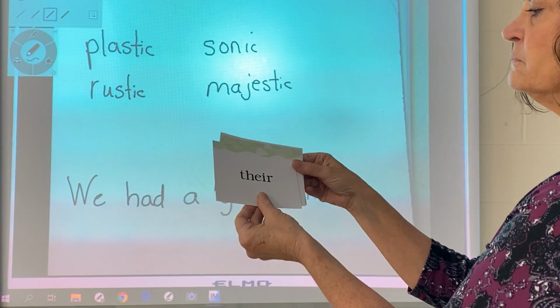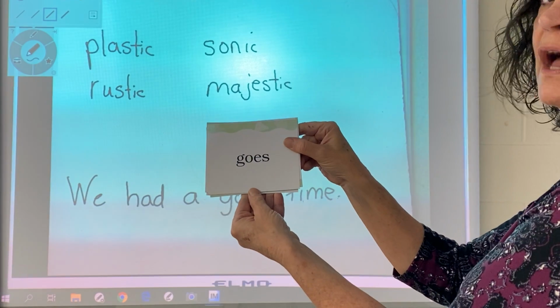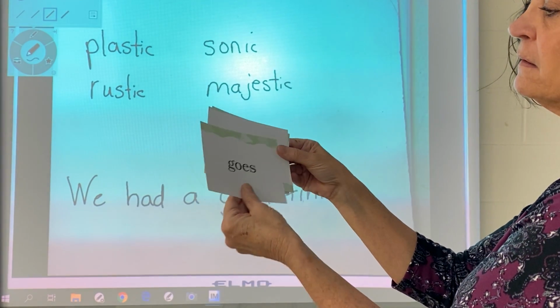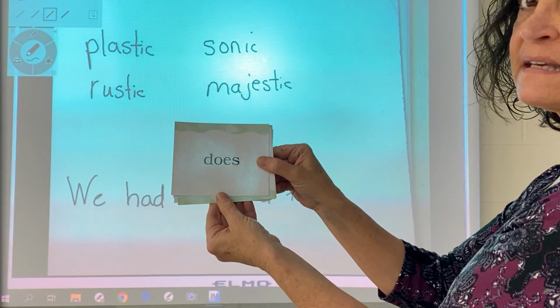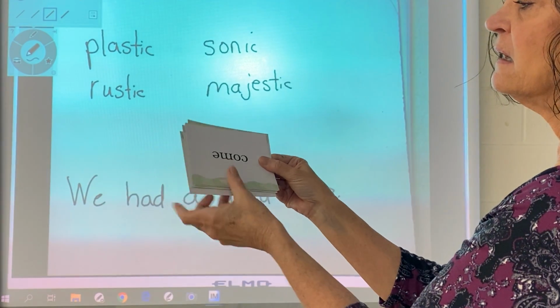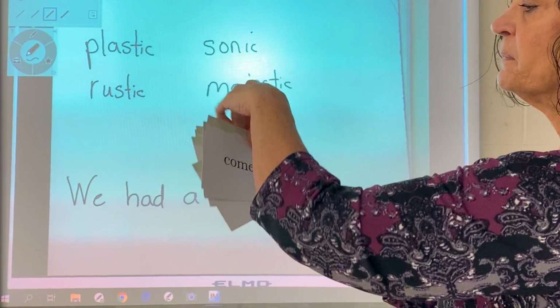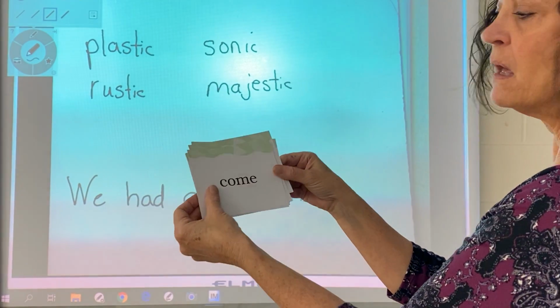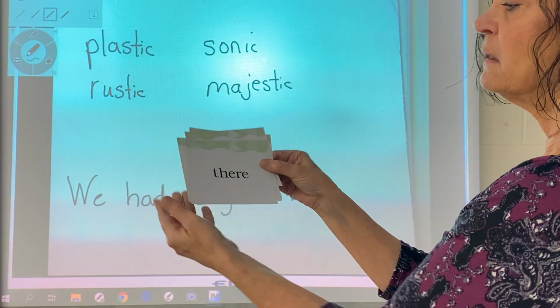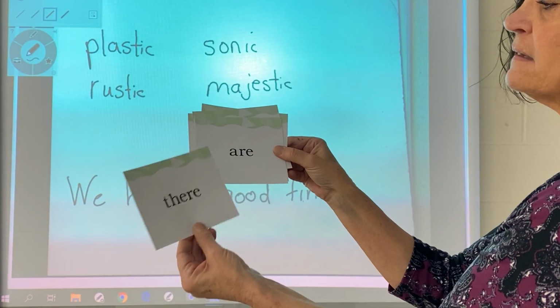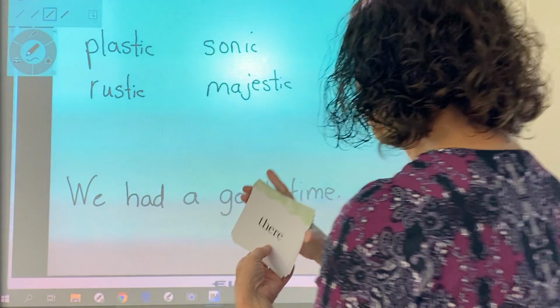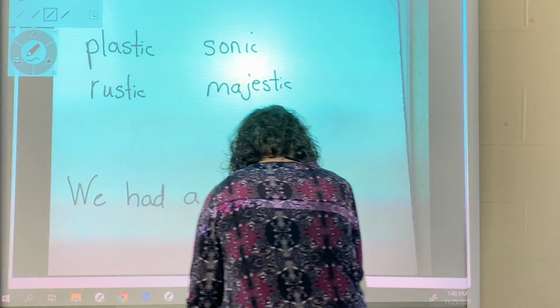There, goes, does, come, and there is a place. T-H-E-R-E is the place. So those are the sight words we've been going over all week.